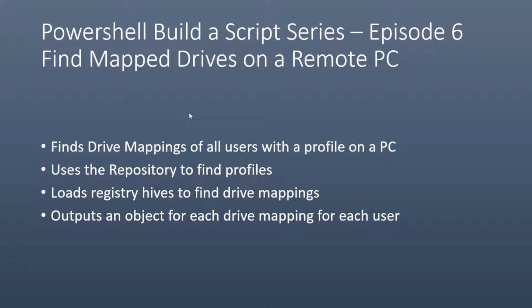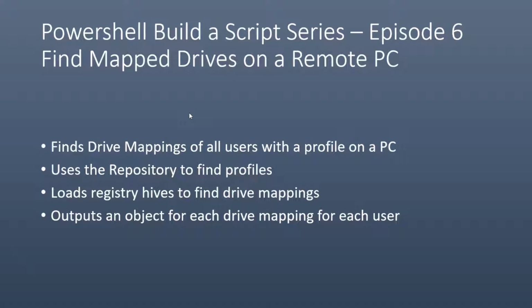Now, to figure out how we're going to grab this, the script itself is not going to be that complex. We're going to run through, probably a computer name parameter, grab a bunch of usernames, use those usernames to find the profiles, and enumerate through all the drive mappings for each of the users. Nothing really too complex there.